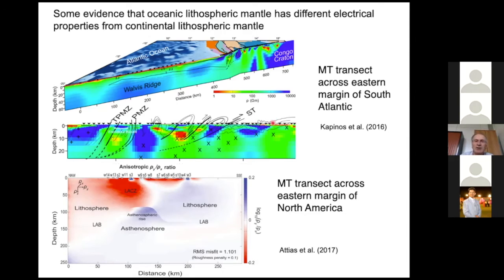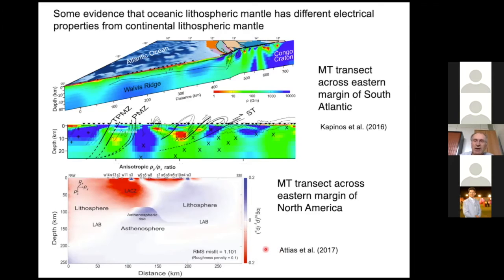Looking at this top transect, this is more of a crustal view down here. But if we look at this mantle view, cratonic continental lithosphere here has very high resistivities, and then when we get out into the oceanic lithosphere, the resistivities are still high, but much lower. So there may be a difference in resistivity.